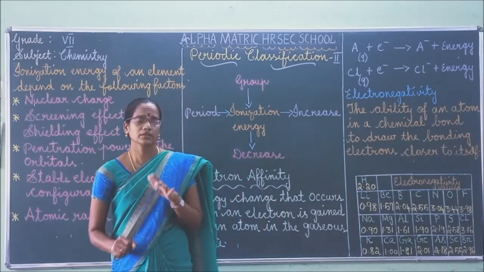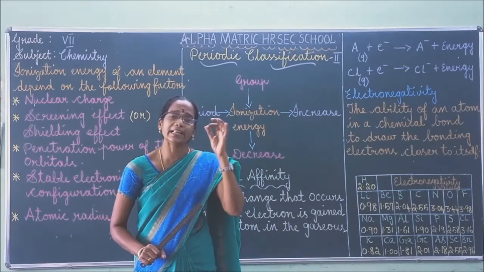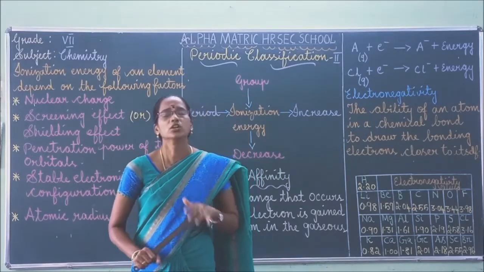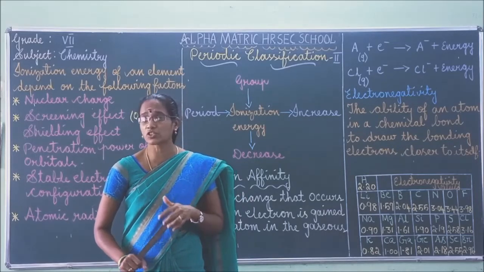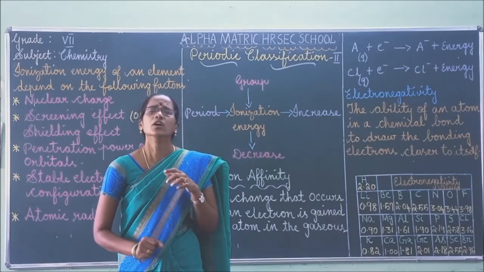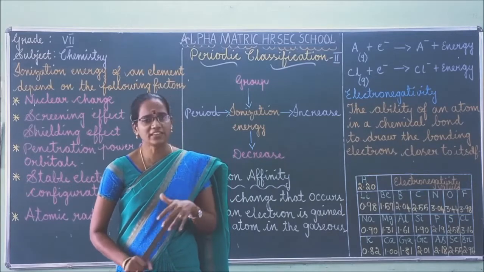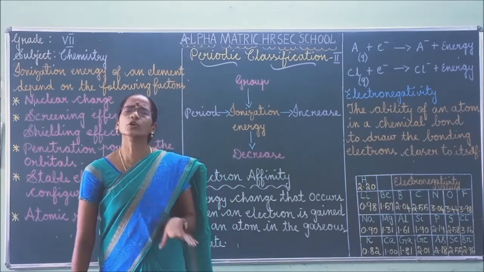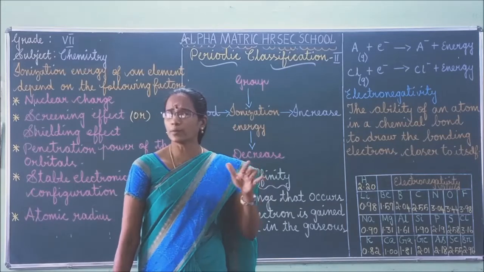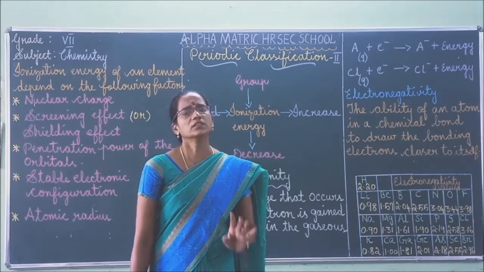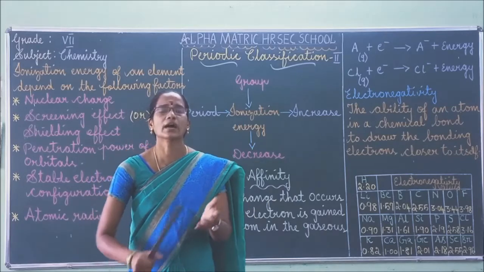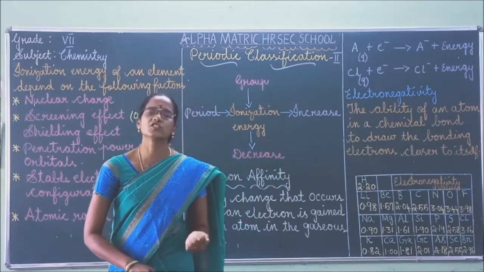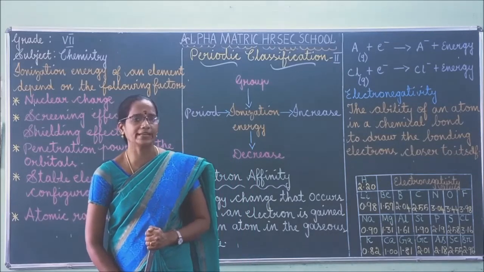It attracts the shared pair of electrons towards itself more than the hydrogen atom. So due to this, the bond breaks. Here, the bonding electrons are left with chlorine, to form H plus and Cl minus.